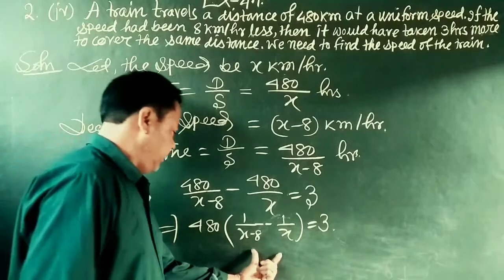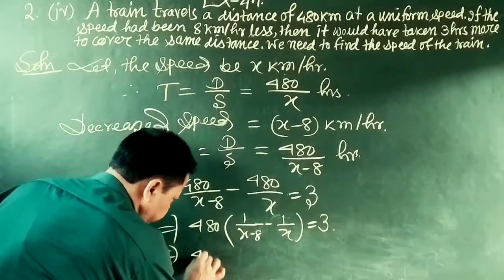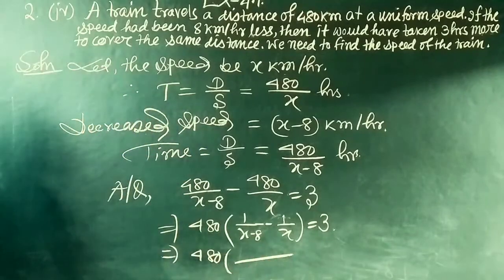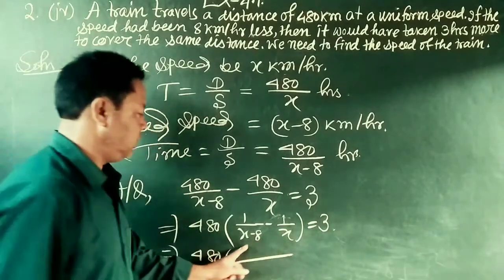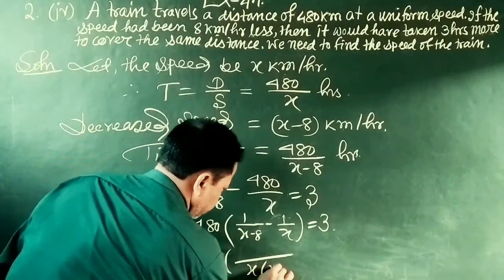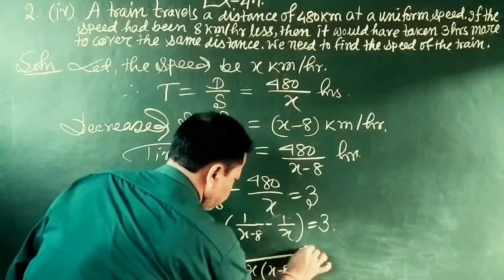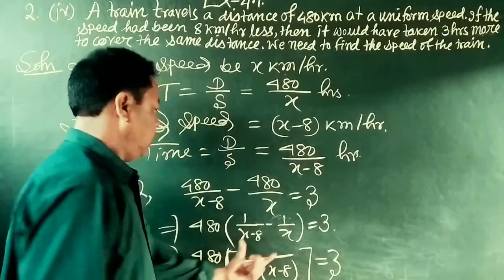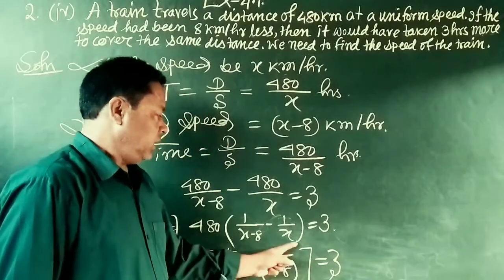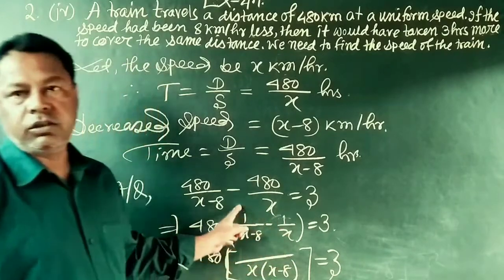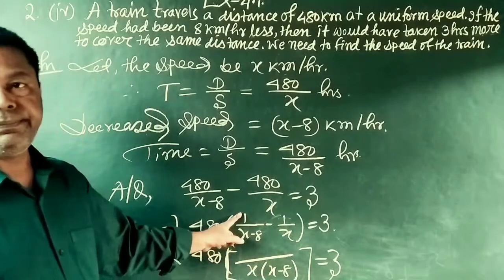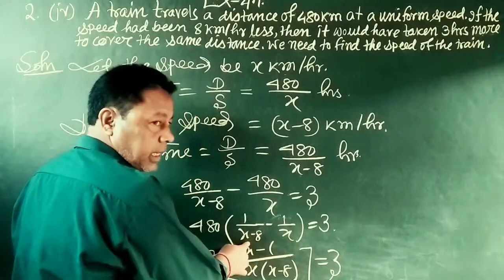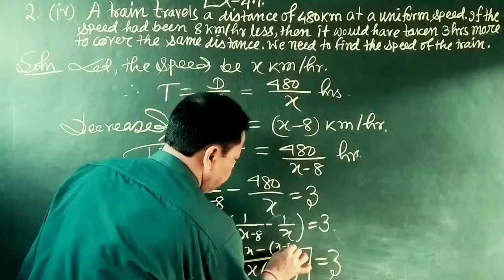Now taking the LCM of these two, which is the product of these two denominators, x into x minus 8, so 480 times the numerator by x into x minus 8 is equal to 3. When the product is the LCM, then cross multiplication is to be done.